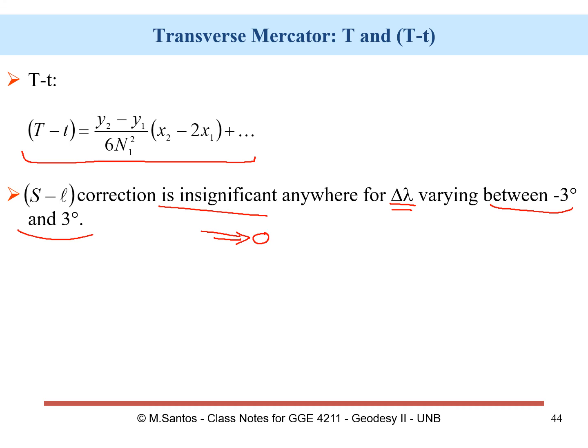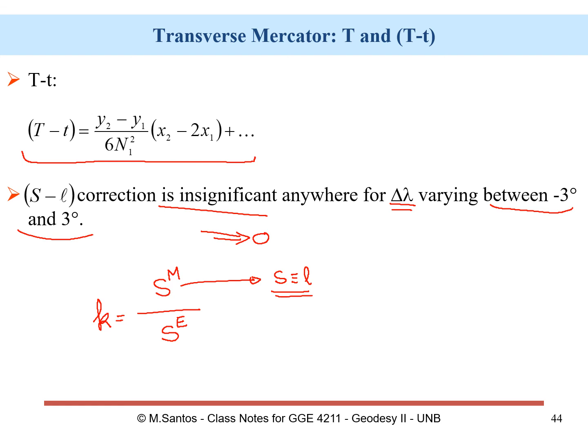So just so that you understand, this here indicates the definition of a scale factor: distance on the mapping plane over distance on the reference ellipsoid. This guy here, L, okay?